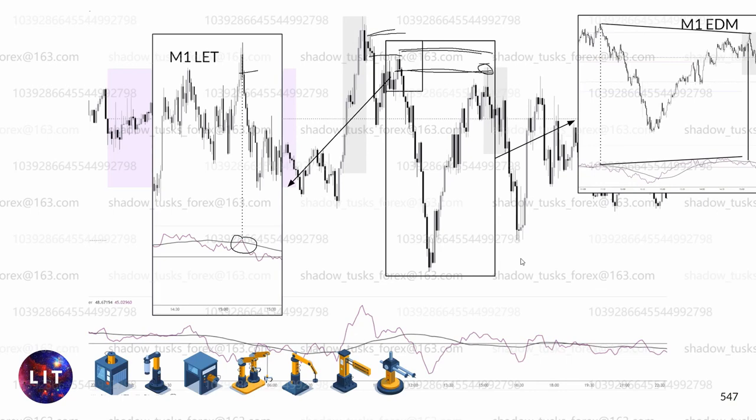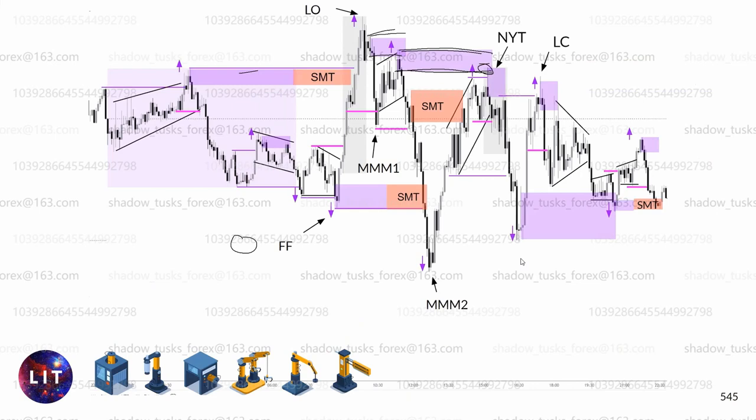So if I go back onto here, we basically had M1 let here and M1 EDM here. So you can see when using it in combination with everything else at the end, that's the important part, it can give you some really nice additional confluences. And that's how you should be using it.